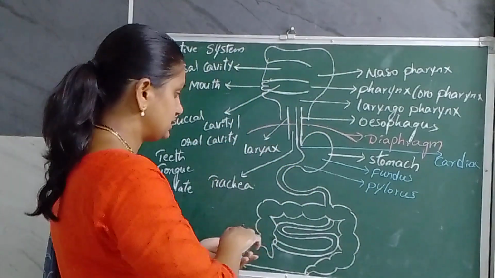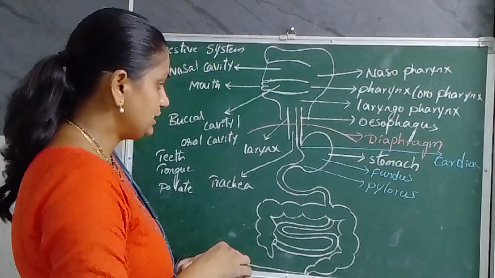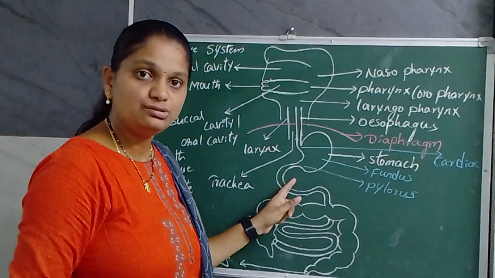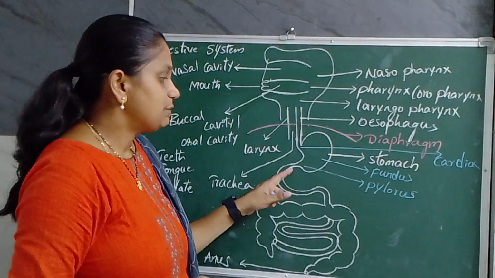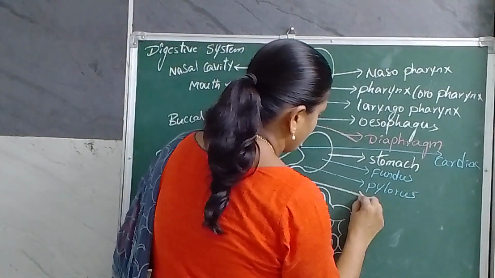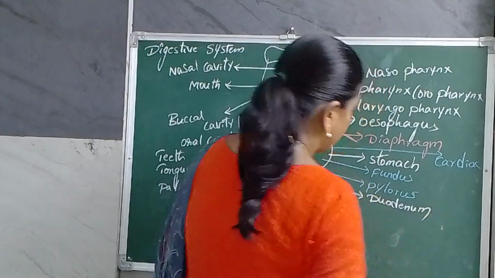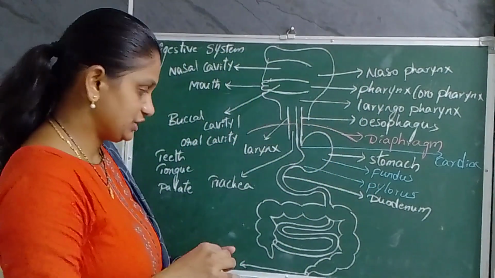Okay, and next comes to small intestine. This stomach opens into small intestine. The first part of small intestine is nothing but duodenum. It is a C-shaped structure.